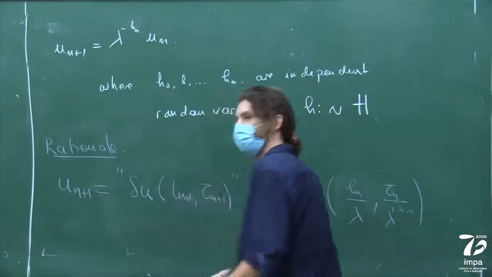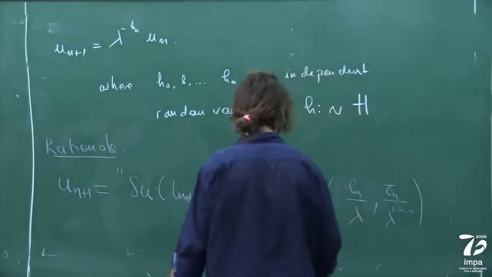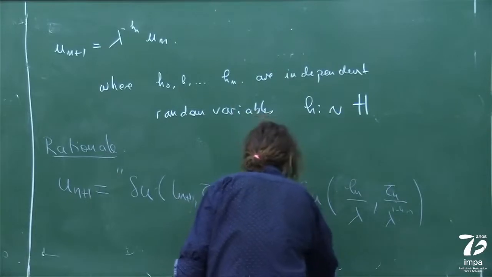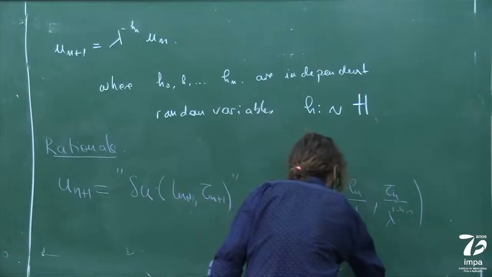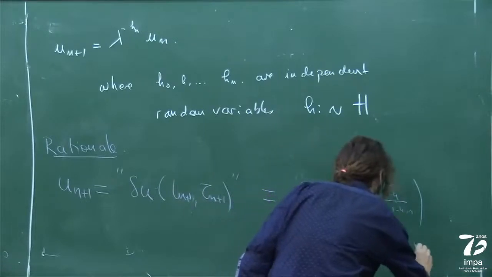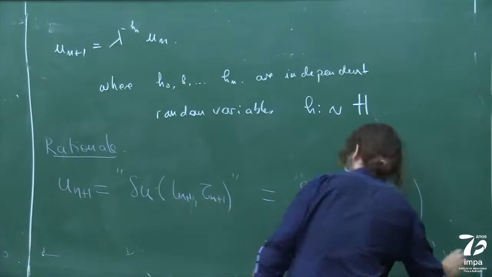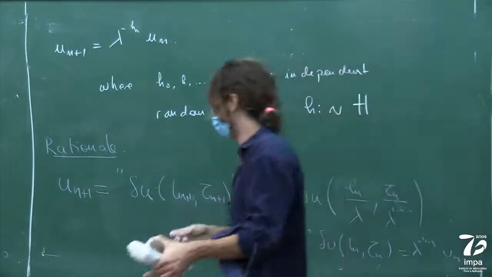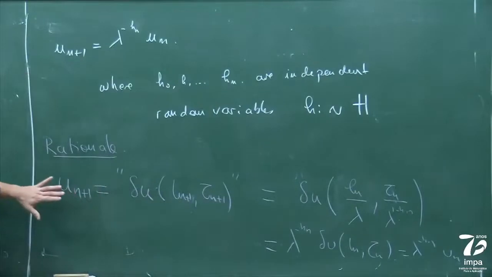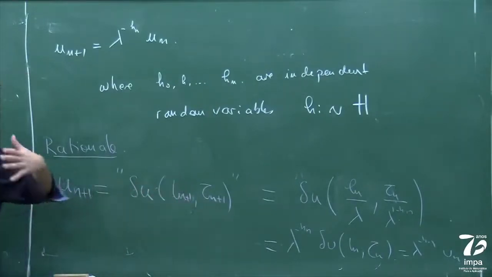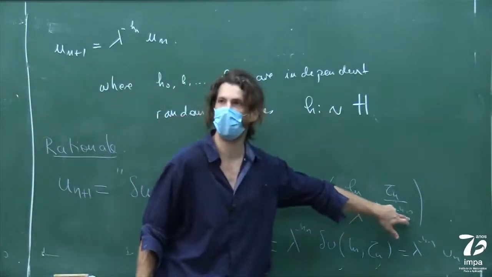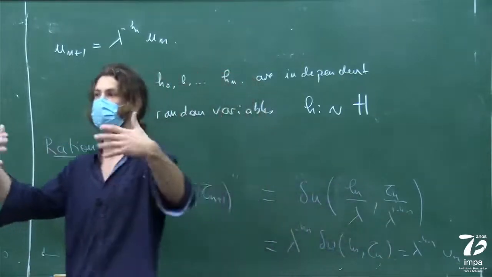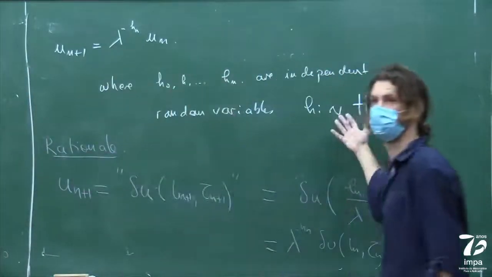And this, by the statistical symmetry, should be exactly lambda to the minus Hn of delta U Ln tau n, which is lambda to the minus Hn of Un. So this dynamics, in that sense, encodes the statistical symmetries of Navier-Stokes, except that the Hn which are being chosen are not uniquely prescribed, and they follow a certain law. Okay.